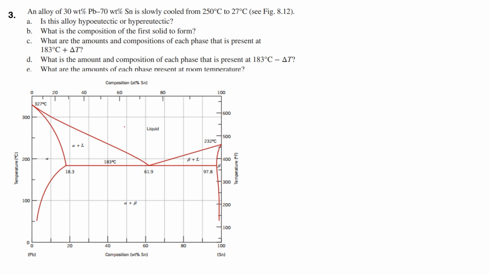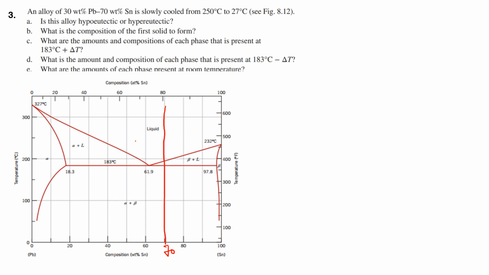We have been given a composition of about 30 weight percentage of lead. So 30 weight percentage of lead corresponds to 70 weight percent of tin, which is here, right? This is 70 weight percentage of tin, and this is where we are.